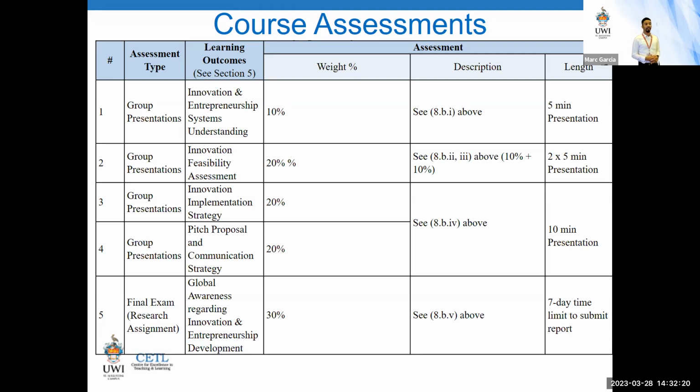Now, the weighting is appropriate given the length and the description, and the description is provided in the section just before. So you always want to be mindful that you're not giving students major tasks that are menially weighted. It must have some sort of balance between the two, the weighting and the requirements or tasks.